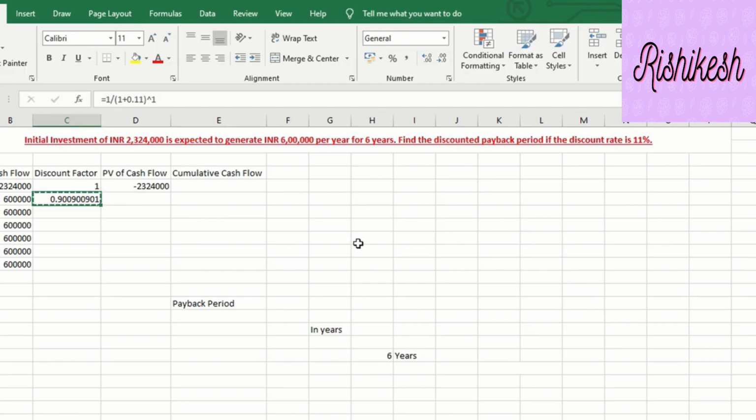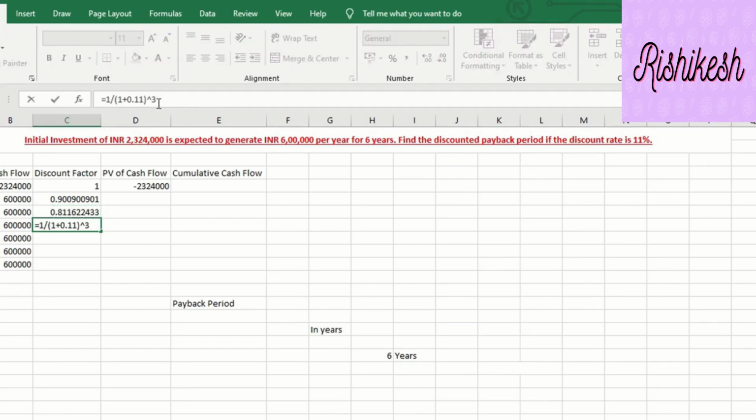Similarly for year 2, I will just copy and paste this formula over here. So Control C, Control V. Once you do Control V, it pastes the formula. If you see here, we just need to change one thing, that is this 1 will become 2. So the discounting factor will become 0.8116. Again, I will copy and paste, Control C and Control V. We have to make one change, that is 2 will become 3.